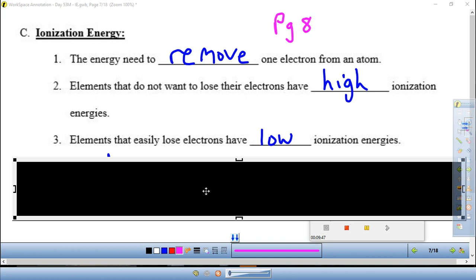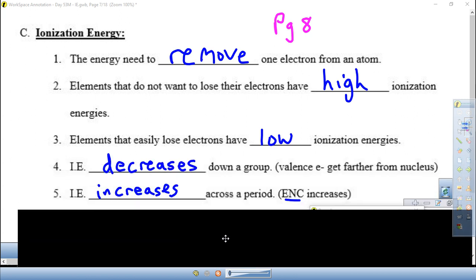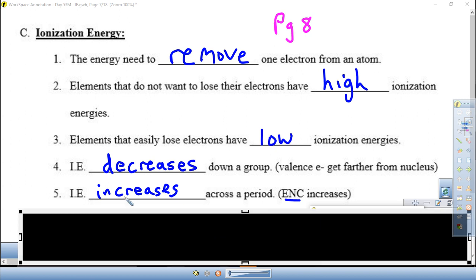So if you're looking at the ionization energy values for an element or multiple elements, the lower the number, the easier it is to steal. And the trend is this. The ionization energy will decrease as you go down a group, like we just saw in that second question. And that's because of distance factor. The valence electron is getting farther away from the nucleus.